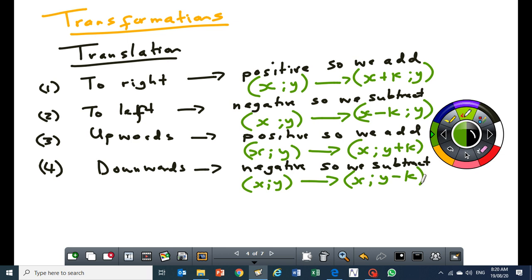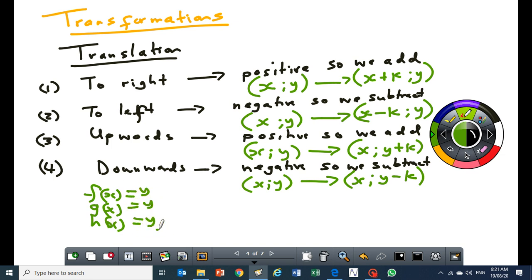The other thing that's also important, because in this grade you are dealing with functions now, right? When you see f of x, it's y. When you see g of x, it's y. When you see h of x, it's y. All of them, they're equal to y.